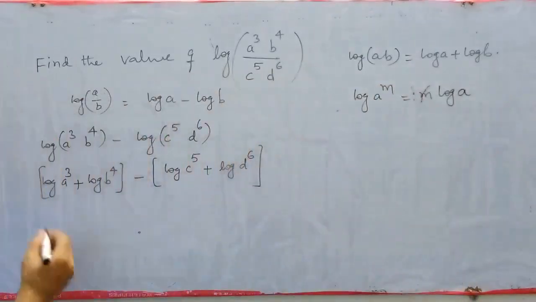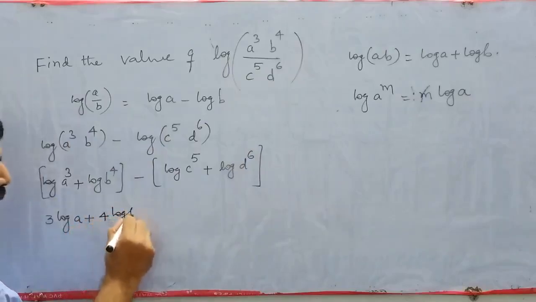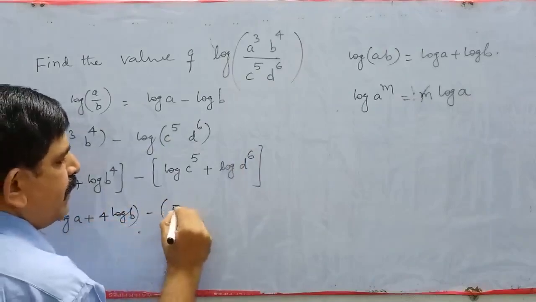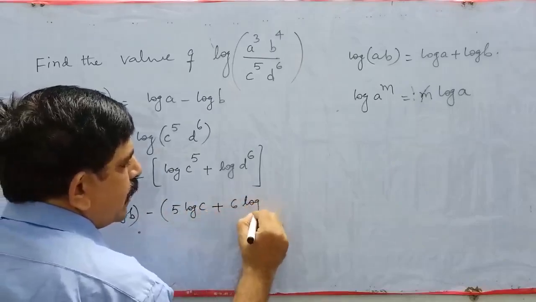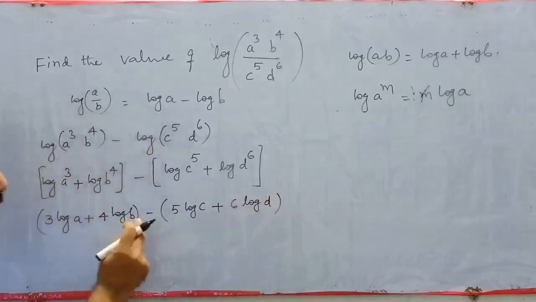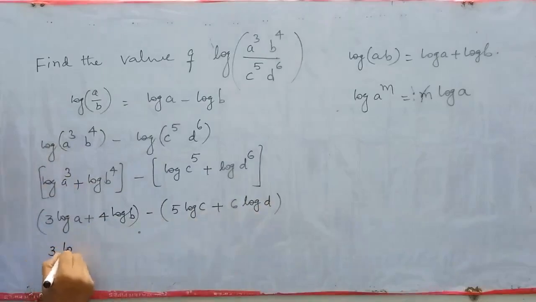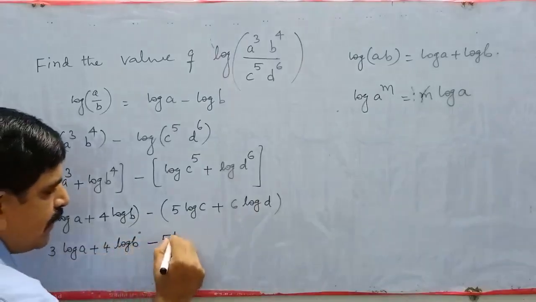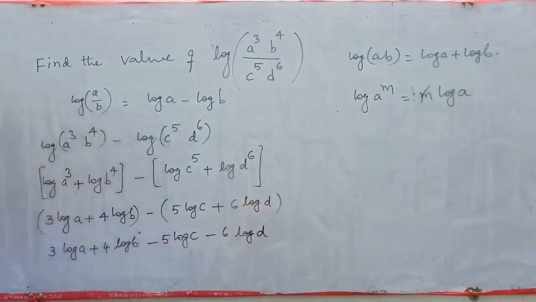Now this can be written as 3 log a plus 4 log b minus 5 log c plus 6 log d. Next step, you multiply with the minus symbol. Then what we get? 3 log a plus 4 log b minus 5 log c minus 6 log d. Understood, children?